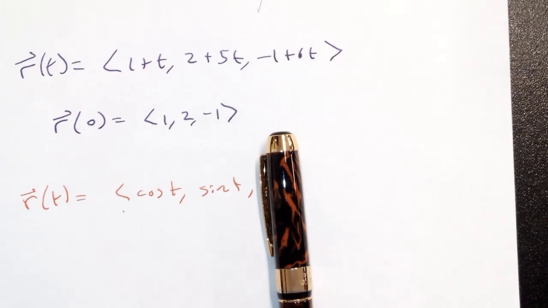Wait a minute, x equals cosine of t, y equals sine of t. I know that sucker. What picture does that make? Out come the graphing calculators, draw it again.